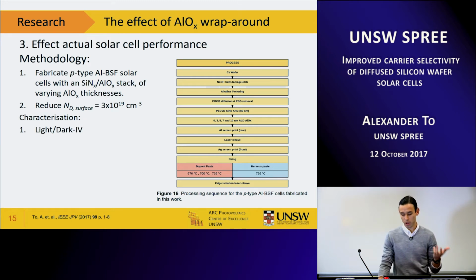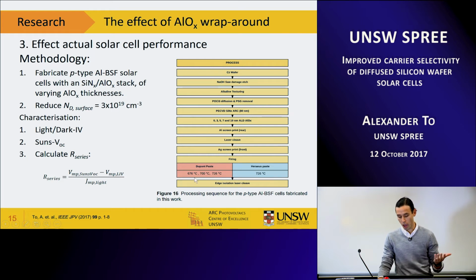We fabricated these solar cells, did light and dark IV, Suns-Voc, and extracted the series resistance according to this formula. We also did two different paces, and we varied the firing temperature. These temperatures correspond to the optimum firing temperature for the 0, 3, and 5 nanometer thicknesses, respectively, from the previous experiments.